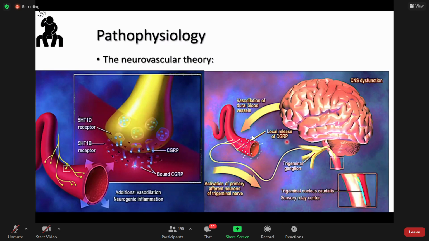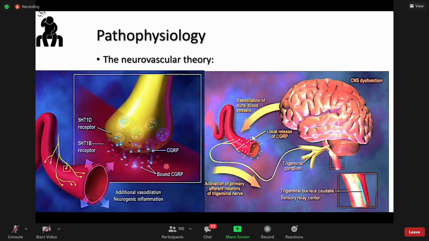It's a peptide that is very ubiquitous in the body. It has a vasodilatory effect, but it is also involved in the generation of migraine. And now the new treatments are focusing on trying to give an antagonist for this peptide. So it activates the primary afferent neurons to the trigeminal nerve, and then the pain is felt.